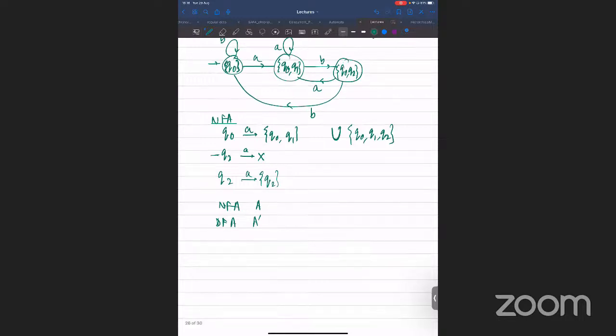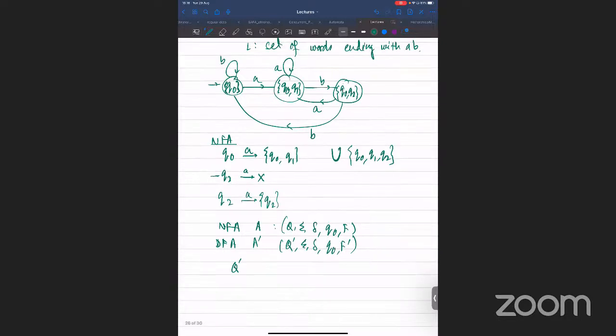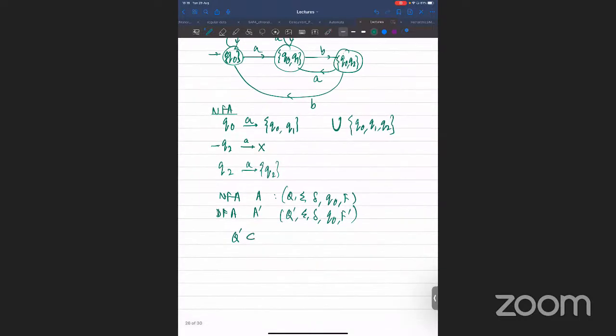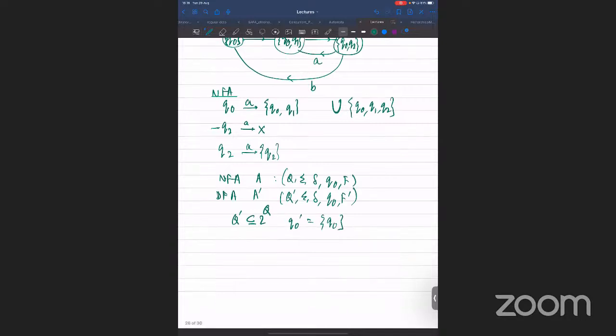The NFA A is of the form Q, sigma, delta, Q0, F, and here I have Q prime, sigma, delta prime, Q0 prime, F prime. So what is Q prime? You are doing a subset construction here, so Q prime is going to be a subset of 2 raised to Q, since it's a set of states, and Q0 prime equals Q0.